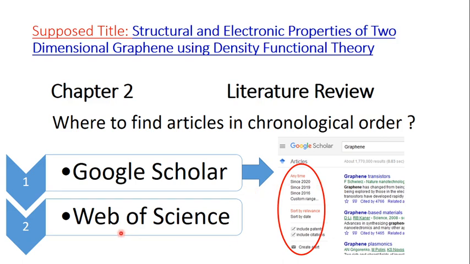You can also use Web of Science, if you have access in your university, or the university has provided access. This is another search engine, a database, but for a BS or master student, you can simply use Google Scholar.